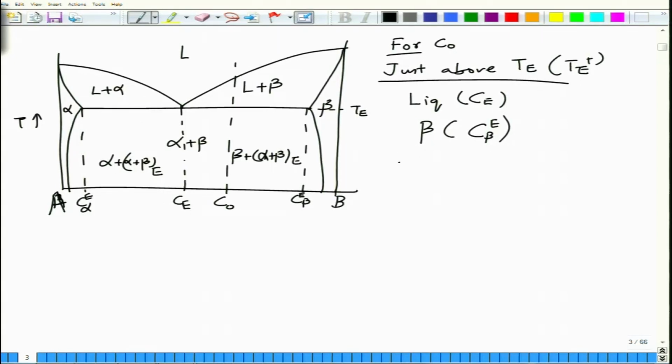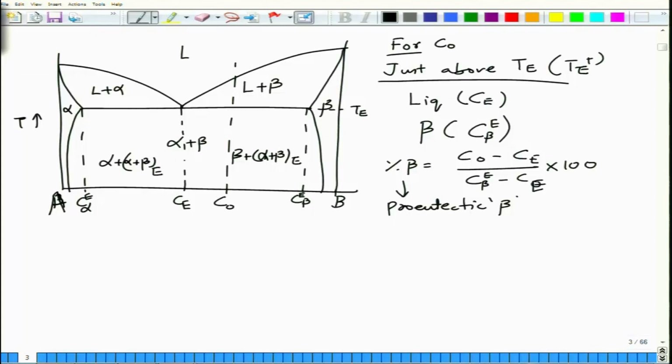So if I want to find the fraction, then percentage beta will be equal to C naught minus C E divided by C beta E minus C E into 100. This beta that is formed is the pro-eutectic beta, and the liquid, whatever is remaining, converts into eutectic.